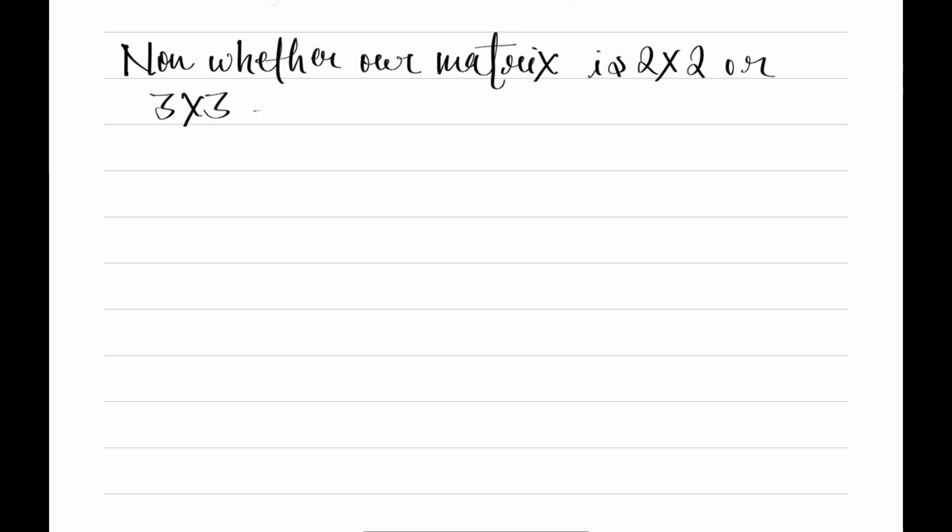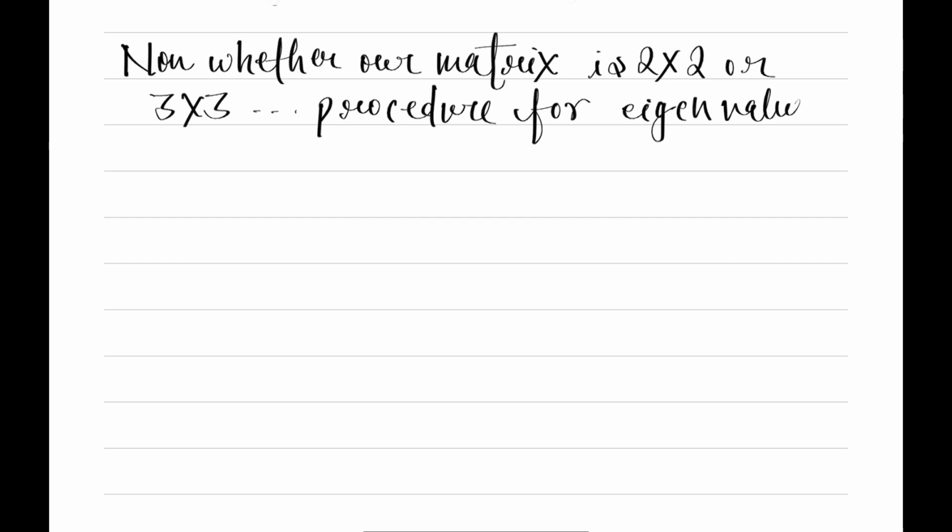Whether our matrix is 2 cross 2 or 3 cross 3 and so on, the procedure for eigenvalue lambda is the same.